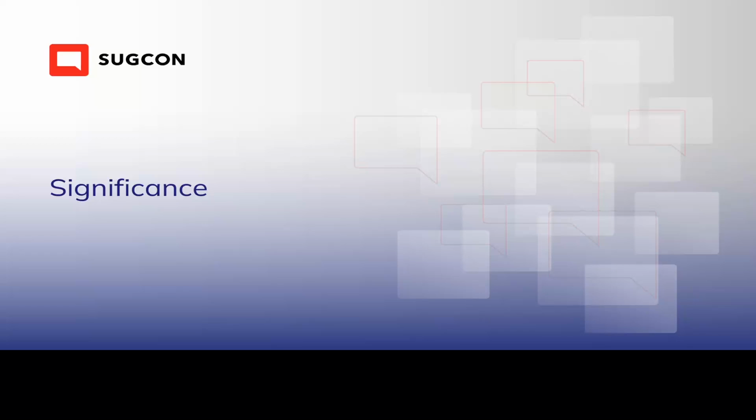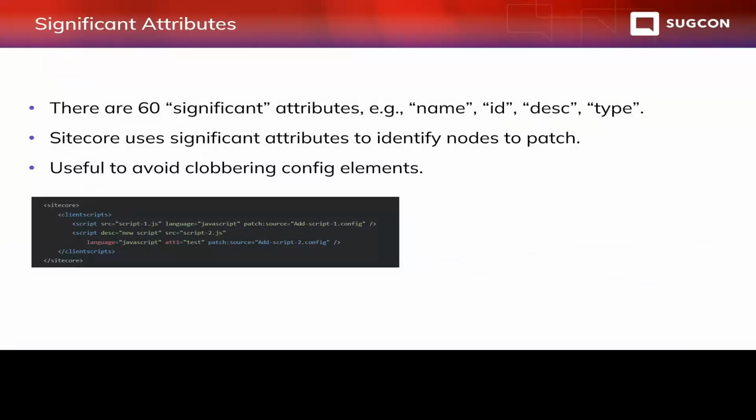Significance is something that was new for me, so basically this is the way that Sitecore decides to apply patch files. Not all attributes are created equal. There are 60 that are called significant, and basically those are the ones that are used to trigger that an element in the patch file gets applied or doesn't get applied. So this is an example from Sitecore documentation.